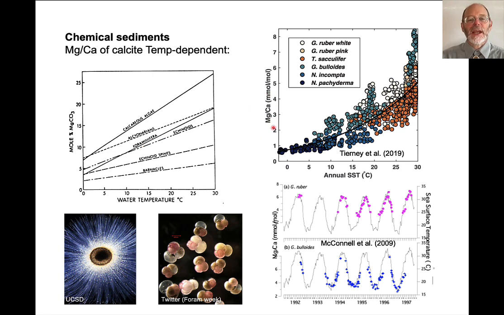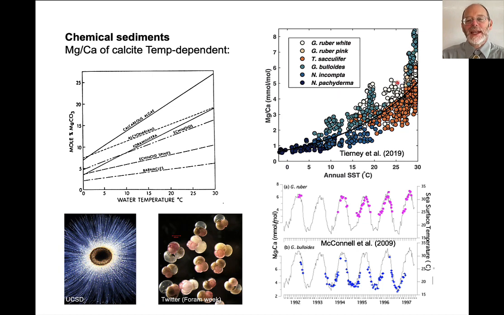So here, for example, is the magnesium-calcium ratio in millimoles per mole versus sea surface temperature for several different species of foraminifera. So this is Globigerinoides ruber, white variety, Globigerinoides ruber, pink variety, and so on and so on.